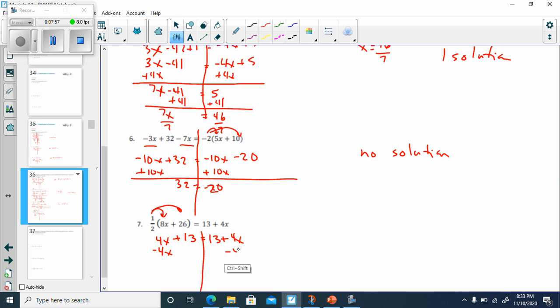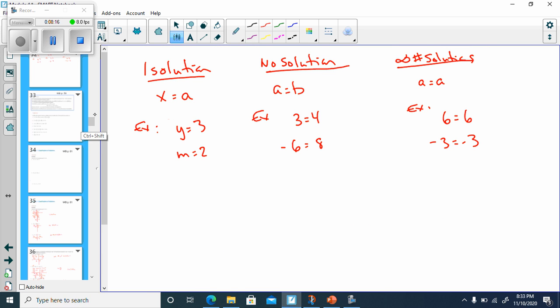Let's subtract 4x from each side, and this gives me 13 is equal to 13. There's an infinite number of solutions. And let's see if we can get to this next one.